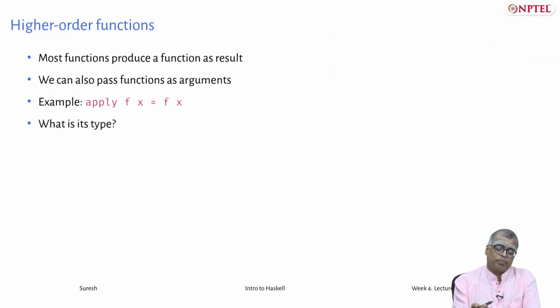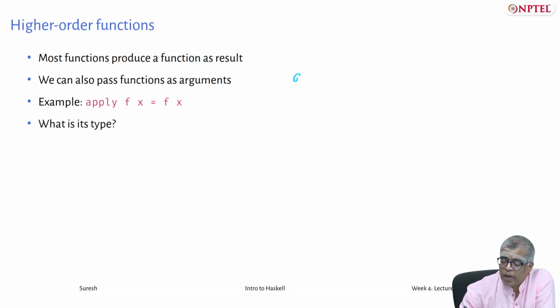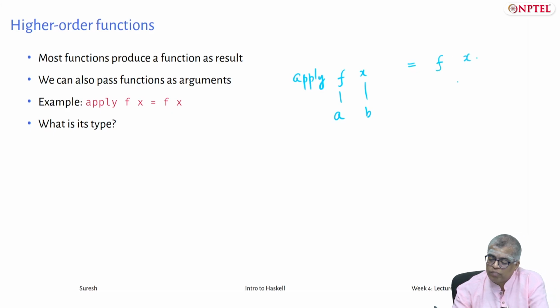What is its type? So let's try to figure out on our own. apply f x. So there are 2 arguments. Let's call the type of the first argument A. The second argument, let's call the type B, and then the result, the body, is f x, right?